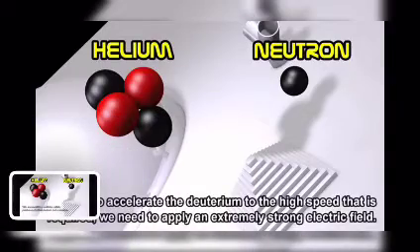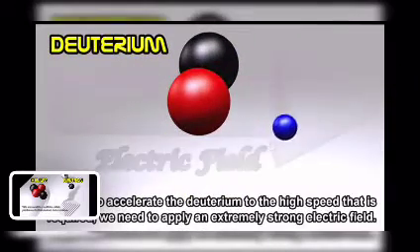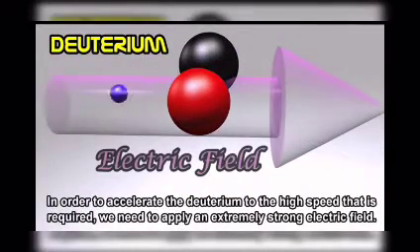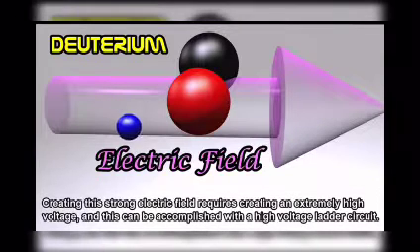In order to accelerate the deuterium to the high speed that's required, we need to apply an extremely strong electric field. Creating this strong electric field requires creating an extremely high voltage, and this can be accomplished with a high-voltage ladder circuit.